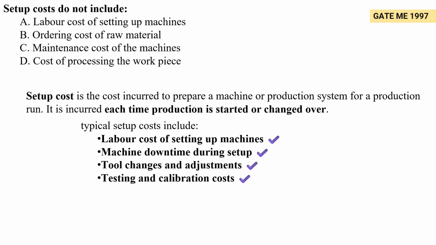Among these, labor cost of setting up machines is included, and ordering cost of raw material is not included. Maintenance cost of the machine is included, and the cost of processing the workpiece is also included. So only ordering cost of raw material is not included. Option B is the correct answer.